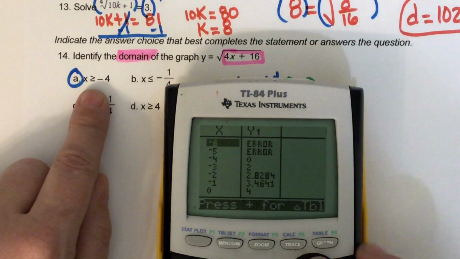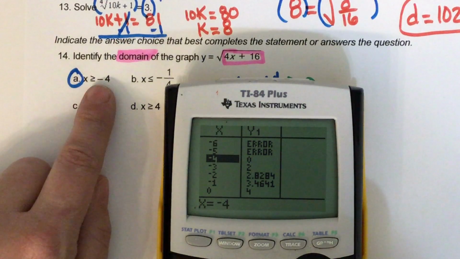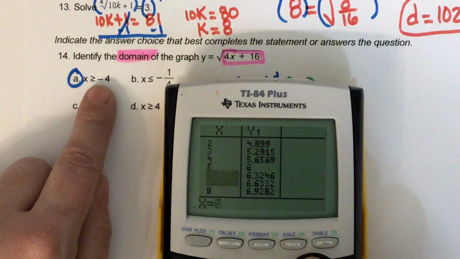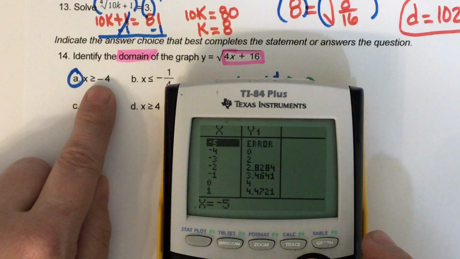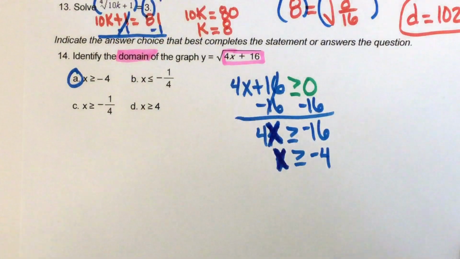I could also look at the table, and you can see the first spot under the error has an x value of -4, so that's why the x is starting there. And you can see that as you go, x's are getting greater, whereas if the x's get smaller, it doesn't work because you get errors. So a few different ways that we can find the domain.